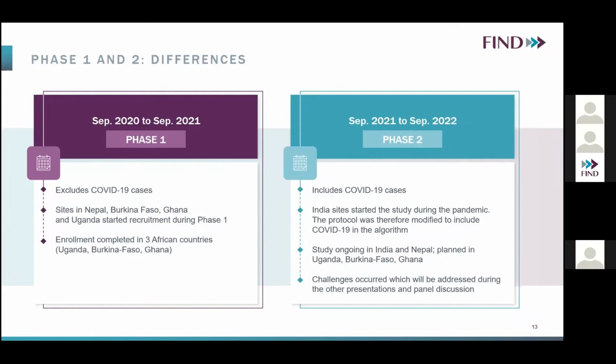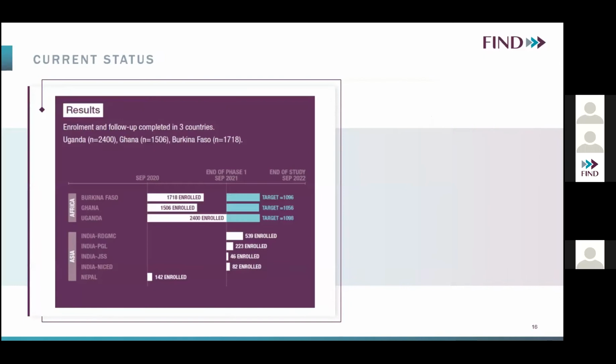Then India hadn't started when the COVID-19 pandemic began, and then we amended the protocol to include the COVID-19 test in the algorithm. So currently, Uganda, Ghana, and Burkina Faso have enrolled more than 5,000 participants.